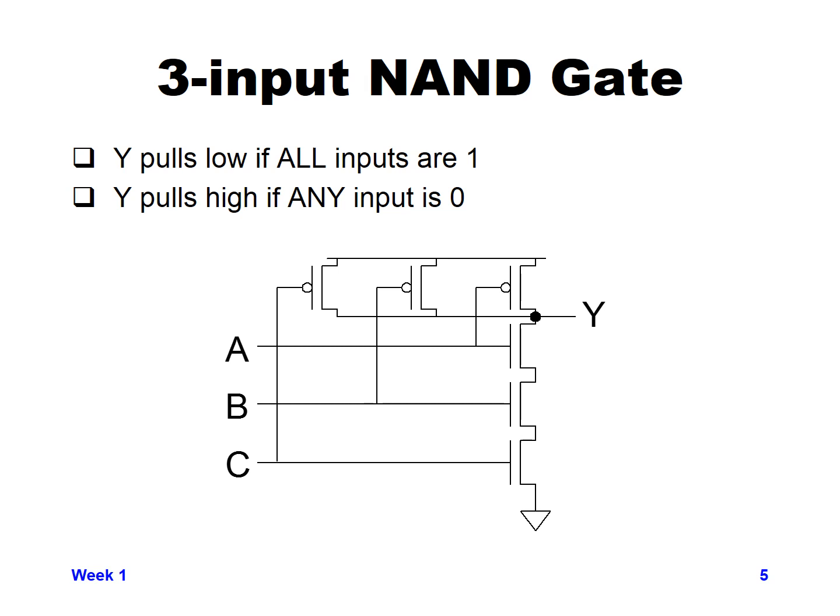And you can see here that only if all inputs are 1 are you going to have all 3 NMOS on and all 3 PMOS off, which will cause you to have the output pulled to VSS and no connection to VDD. And if any input is 0, you're not going to have a path down to ground, and you will have a solid path up to VDD through one of the 3 PMOS devices. So this does the logical function of a 3-input NAND gate that you would want.